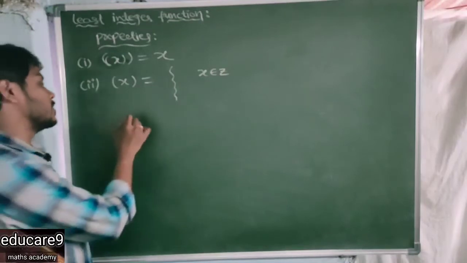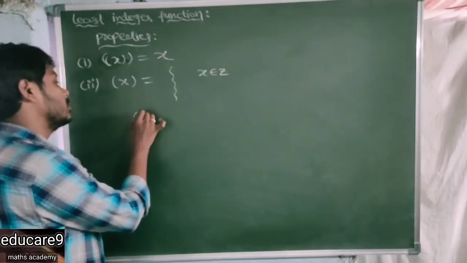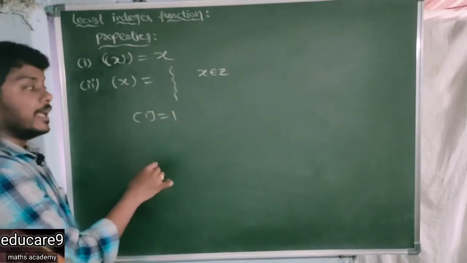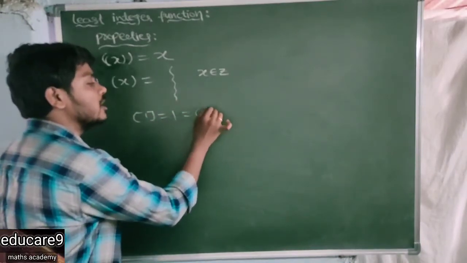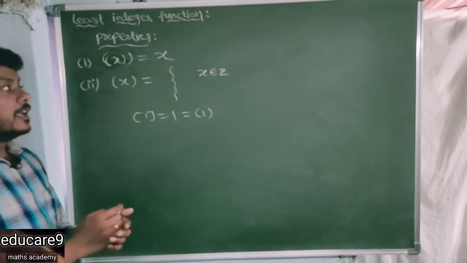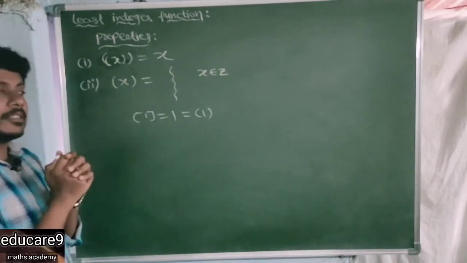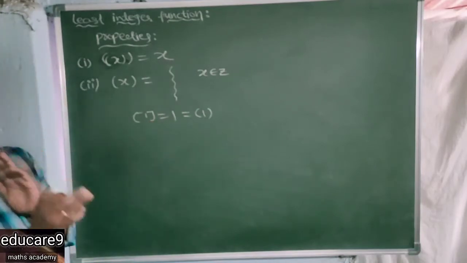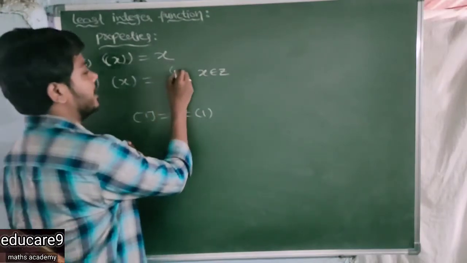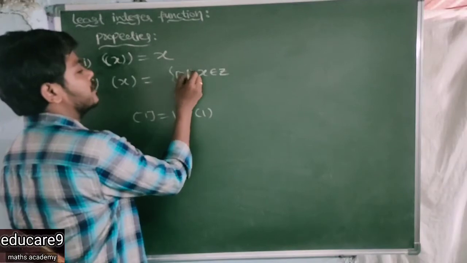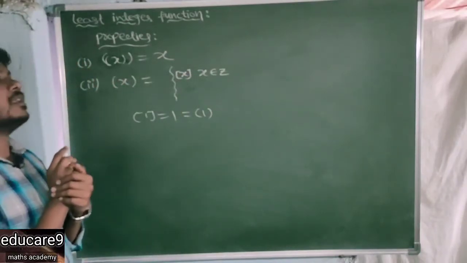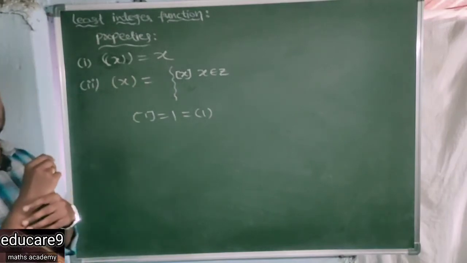For example, what is the step of one value? 1 only. And bracket of one value is also 1. If x is an integer, then the least integer function and the greatest integer function are both equal.